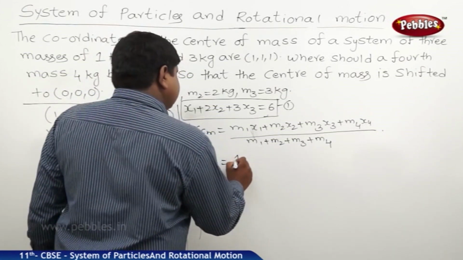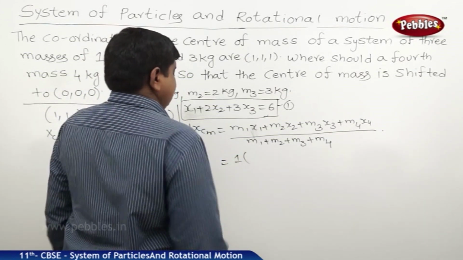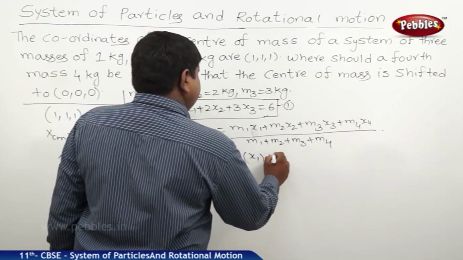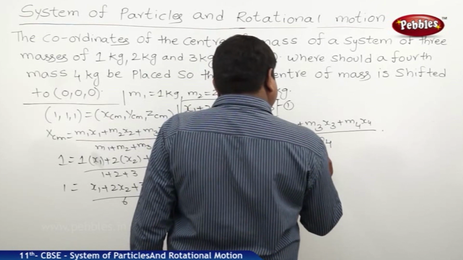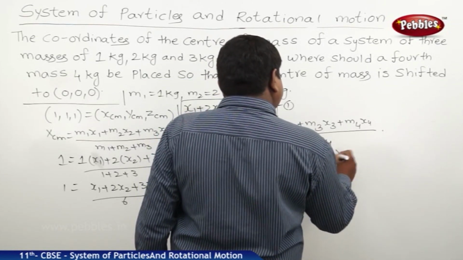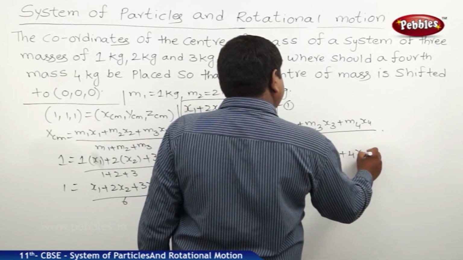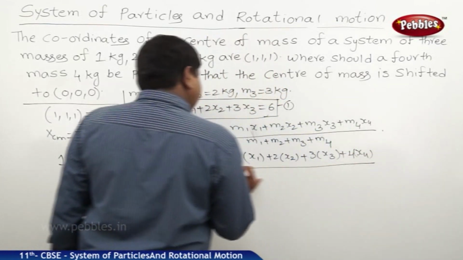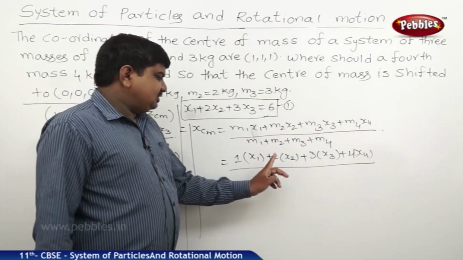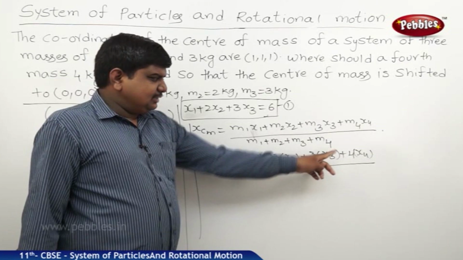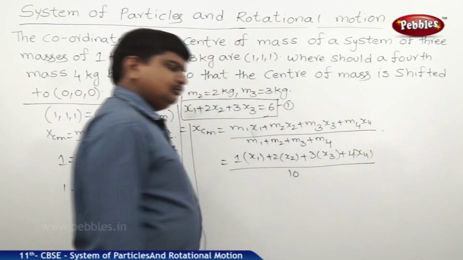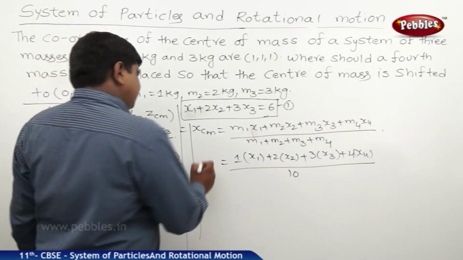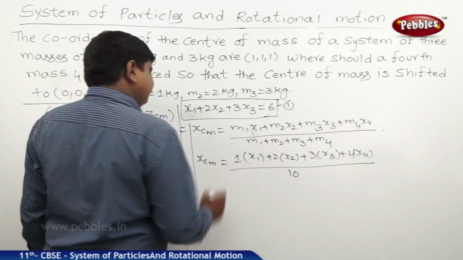So m1 is 1 x1, m2 is 2 x2, m3 is 3 x3, m4 is 4 x4, whole divided by 1 plus 2 plus 3, 6 plus 4, 10, is equal to xcm.